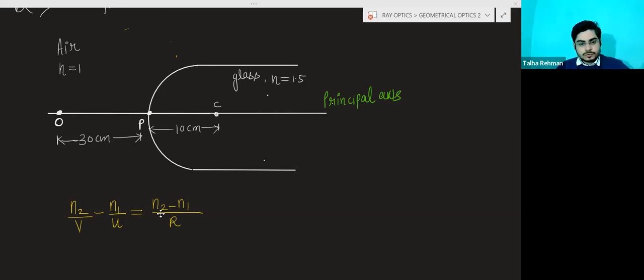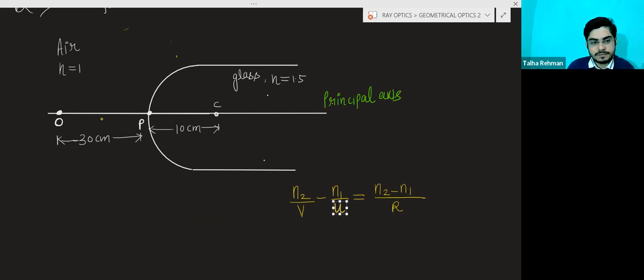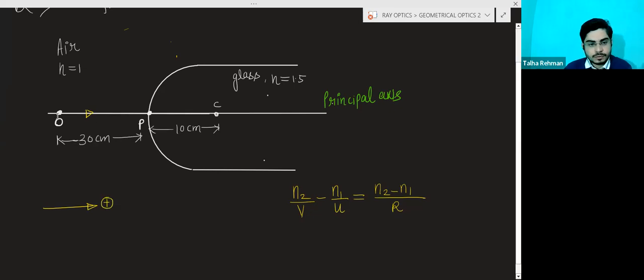So we will use this formula, and the object distance is given. This is the object and this is the pole. All the distances we measure from the pole, so the object distance will be 30. And remember, from this object the light will go in this direction, so this direction will be taken as positive, because the incident ray from the object will go in this direction to enter this medium.